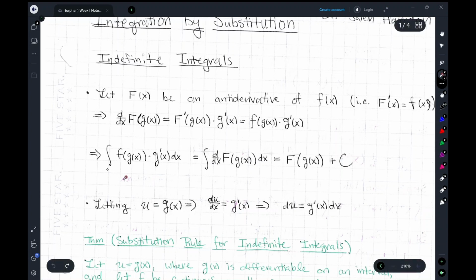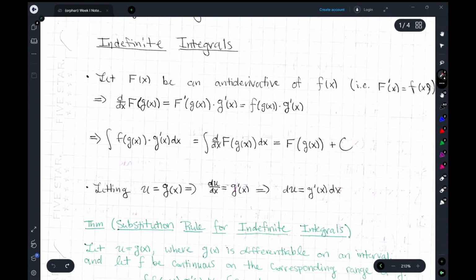So we start with an integral and try to put it in this form. Once we do, we factor out a derivative from that expression. Now you have d/dx of capital F composed with g of x, and the antiderivative of a derivative is the function itself plus a constant. This is how integration by substitution works.